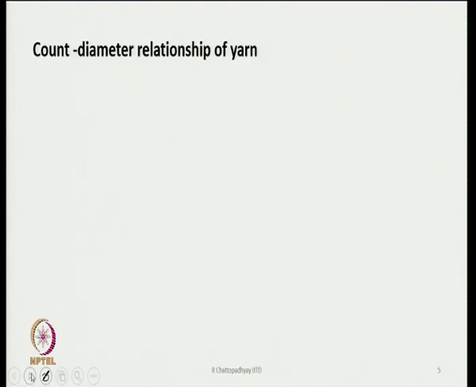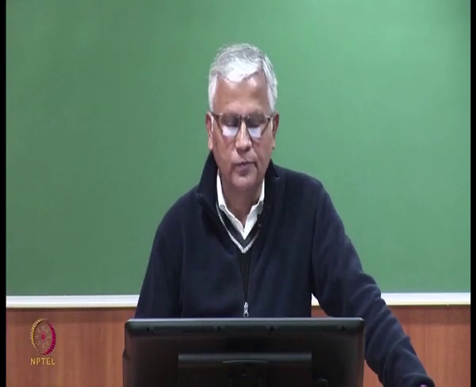Now, diameter has to be translated to count, because we need to know what count the person is going to use. Ultimately, we have to find out the count value.